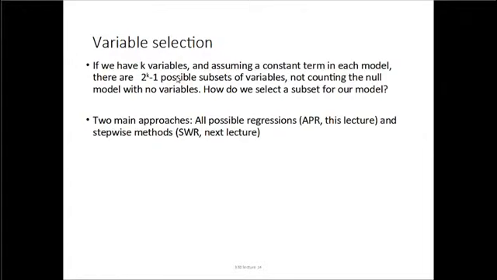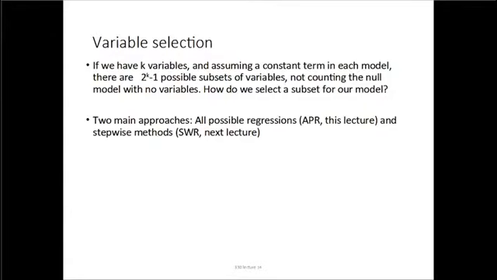If we try every possible combination, we'll have 2 to the power 10 minus 1. That's a massive number of models, and then we choose the one which is the best model. That's not a very good idea actually. It's very time consuming and also computationally very intensive. So there are better ways to do it.